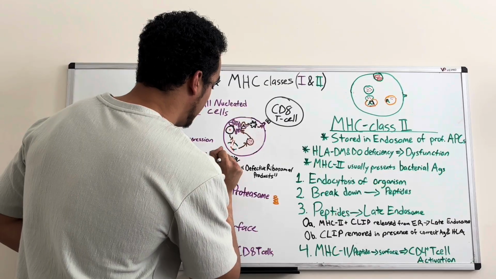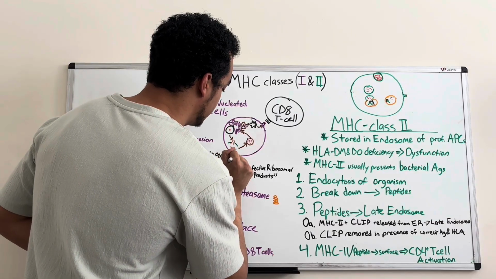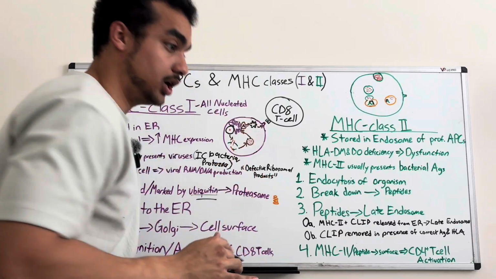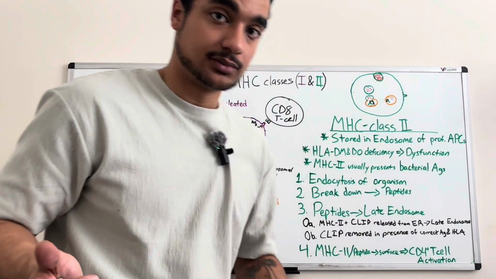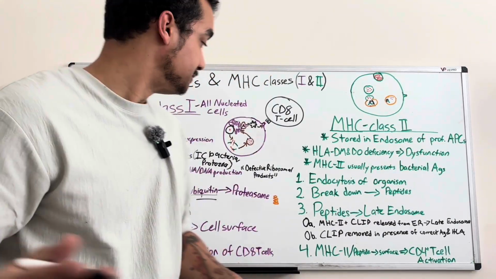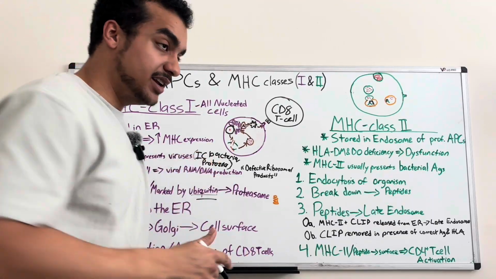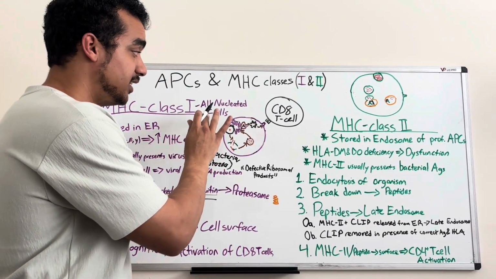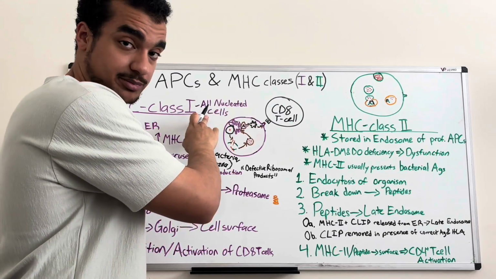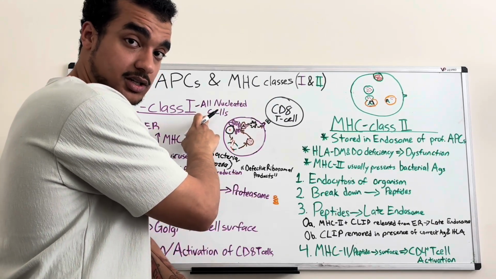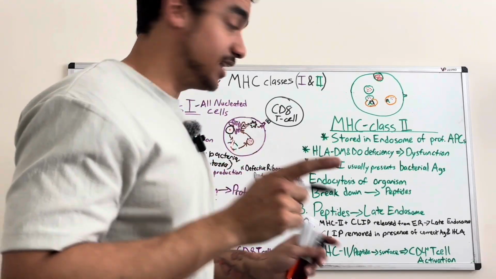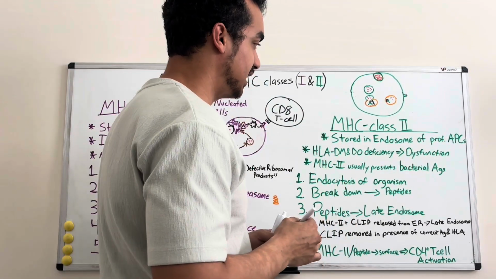Now, an intracellular protozoan would be what causes malaria, Plasmodium falciparum, but that infects red blood cells, and we already went over that MHC class 1 is present on all nucleated cells. Red blood cells don't have nuclei. All right, start tying in everything. Let's move on to MHC class 2 now.